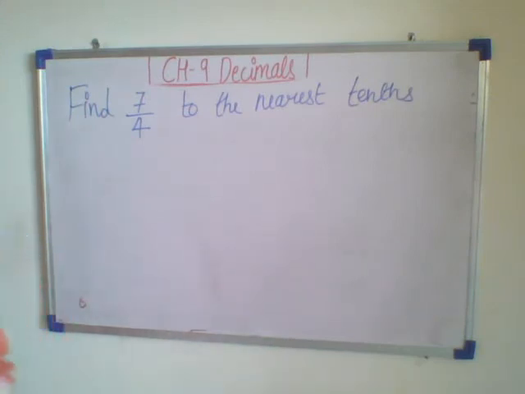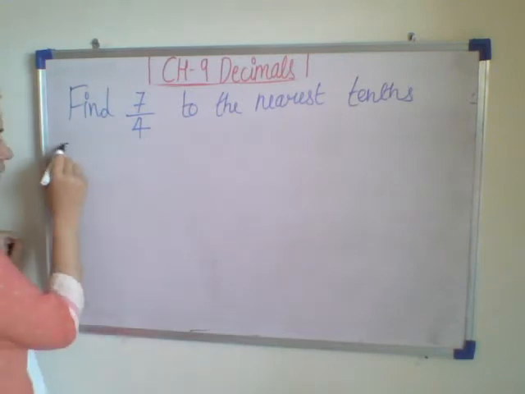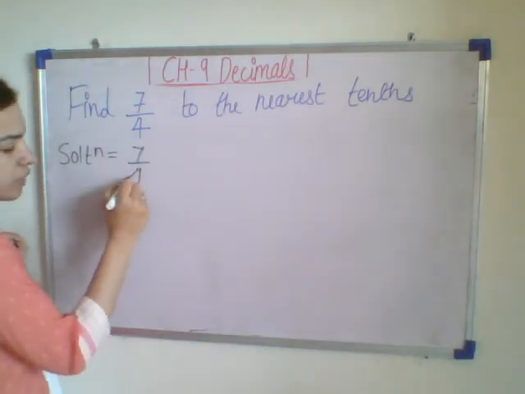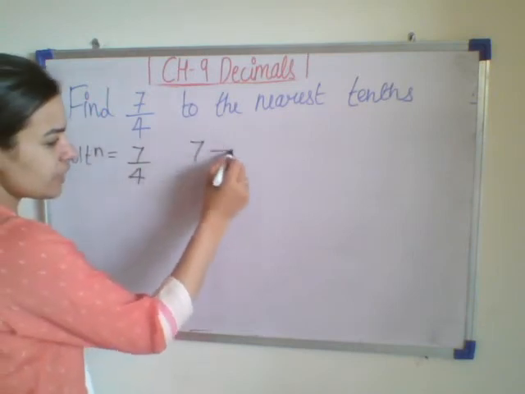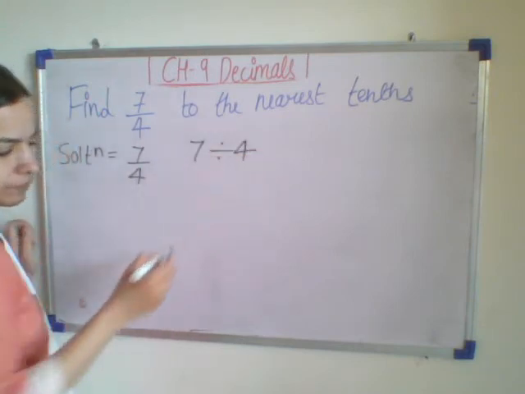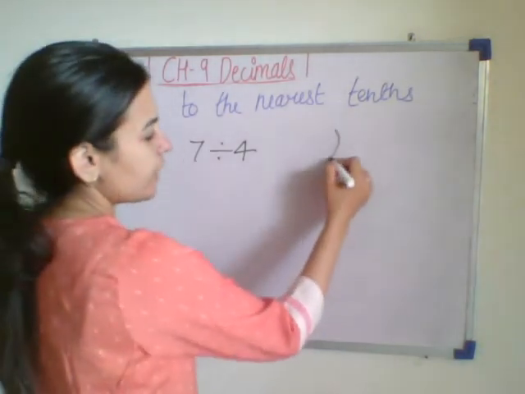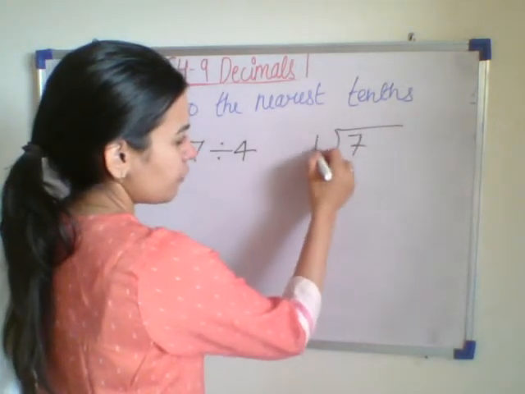What does it mean? It means, let us do the solution. 7/4 means 7 divided by 4. So let us divide 7 by 4.